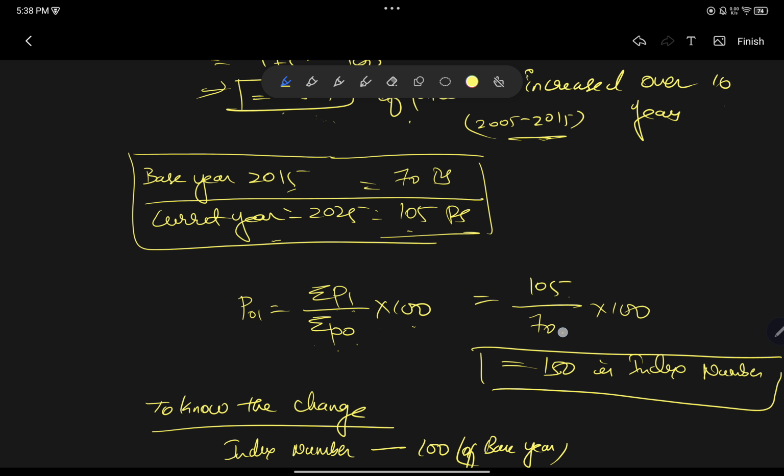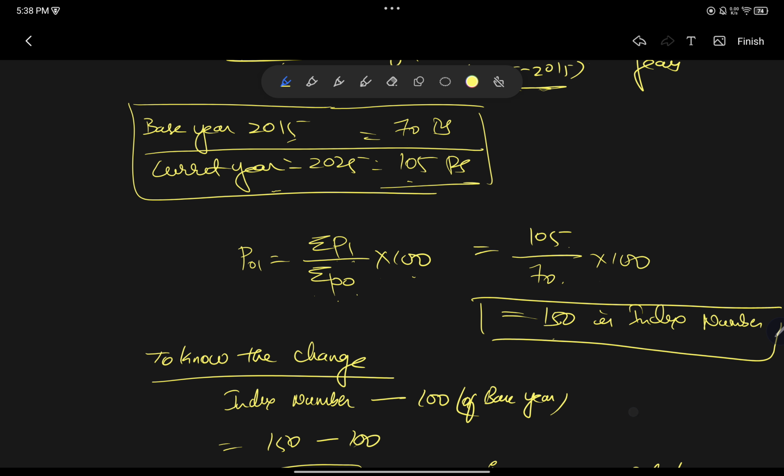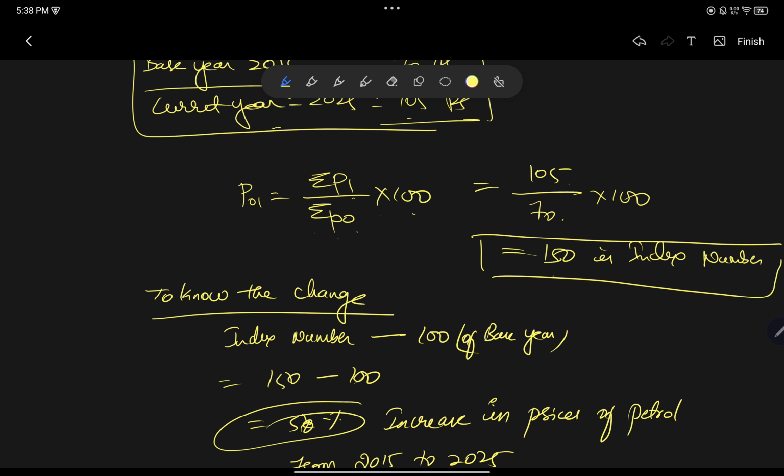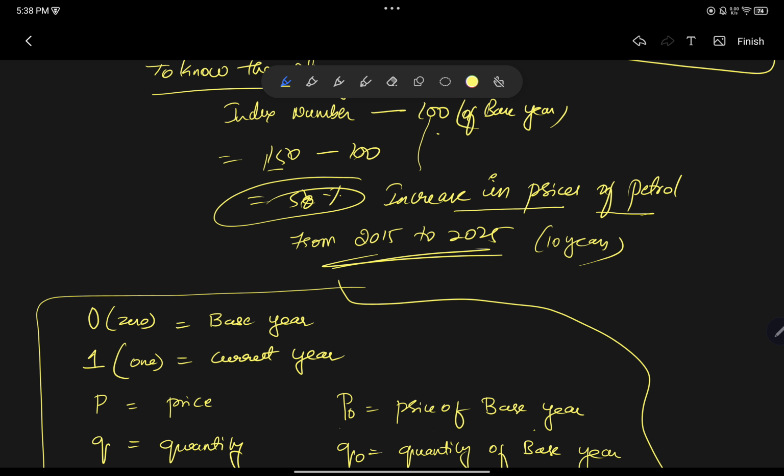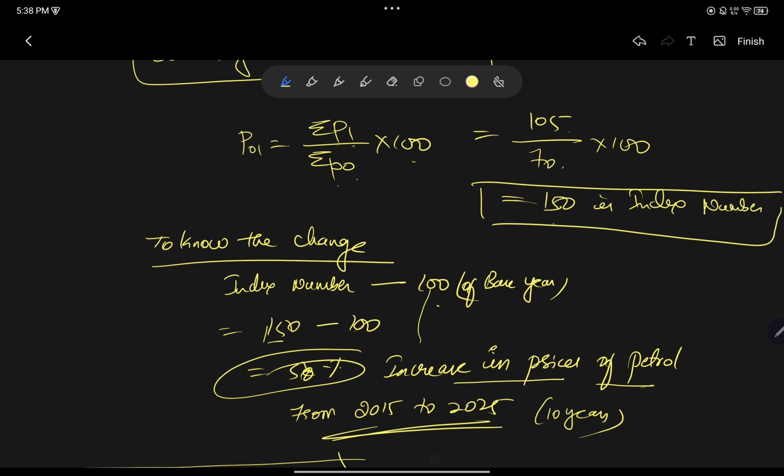Price of base year is 70 rupees. Into 100, I get 150 as an index number. Once I get the index number, I need to deduct 100. Always we need to deduct 100, and I see that 150 minus 100 is a 50% increase in the price of petrol over a period of time, from 2015 to 2025, 10 years, right? So that is what we call index numbers.